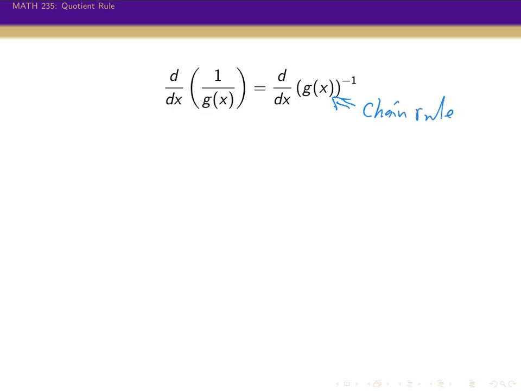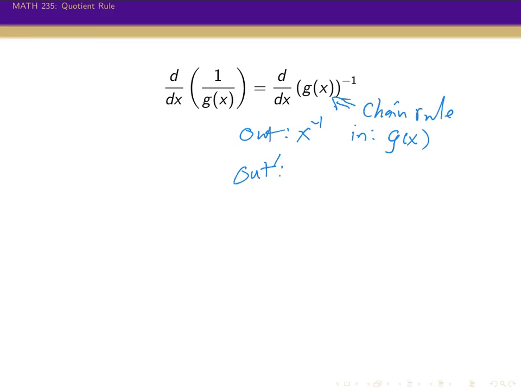And so we have to think about what our outside function is and what our inside function is. Our outside function, what's happening to g of x? Well, it's being raised to the minus 1 power. So our outside function is x to the minus 1. Our inside function is just g of x. And then we know how to take derivatives of both of these. For x to the minus 1, we can apply the power rule.